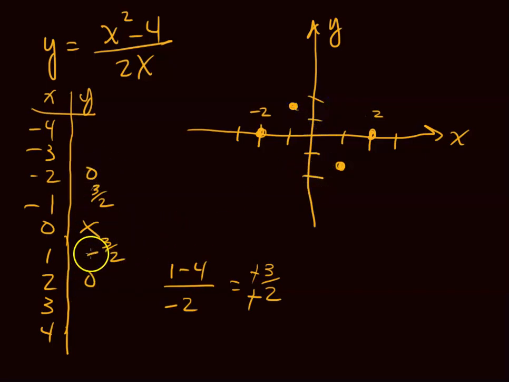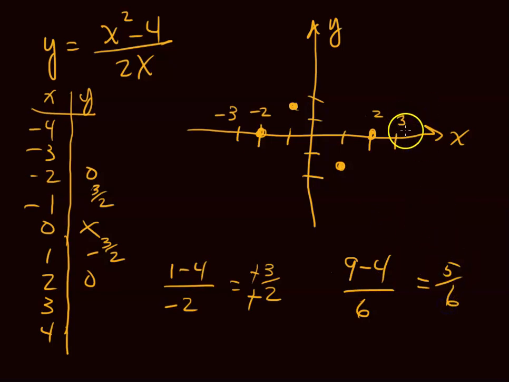At 2 and negative 2, it's 0. So it's moving down this way. It never gets to that y-axis. At a negative 3 and at a positive 3: if I put in a positive 3, I get 9 minus 4 over 6. Well, this is 5/6.